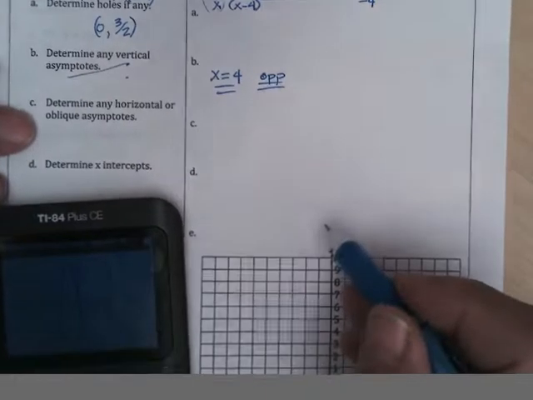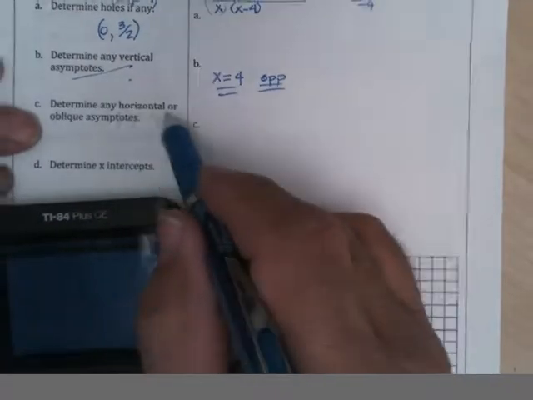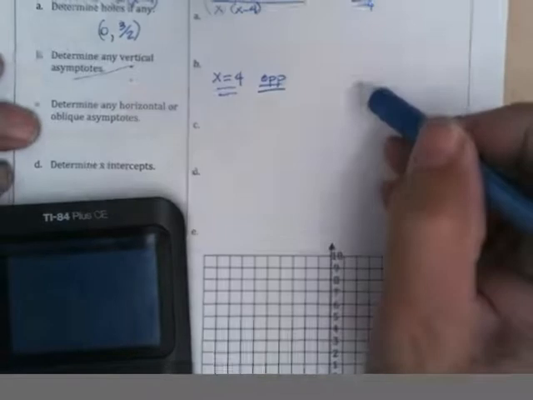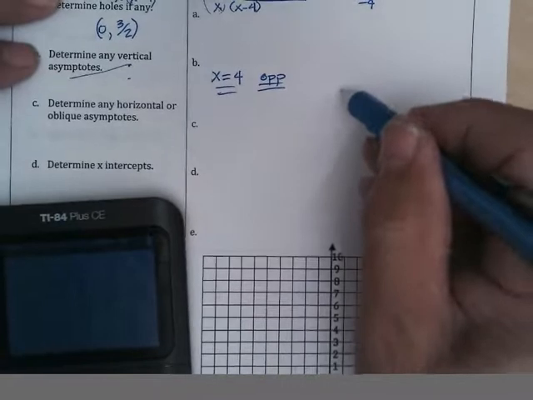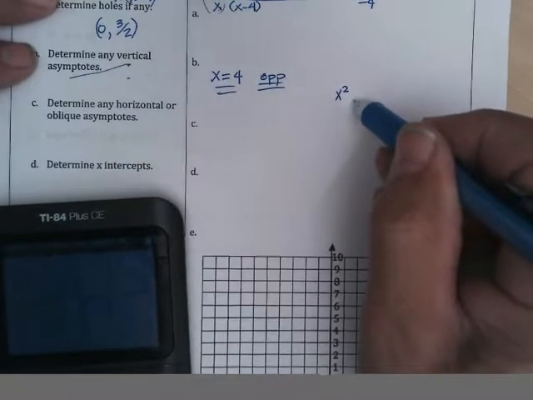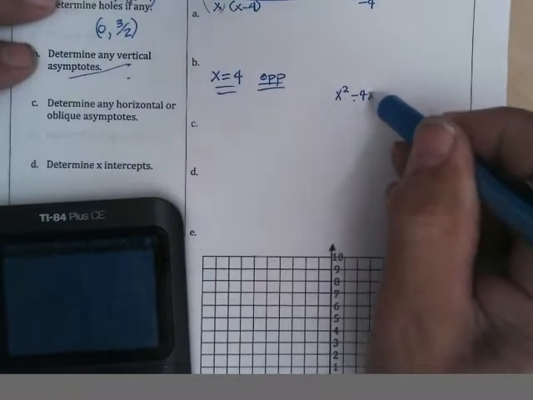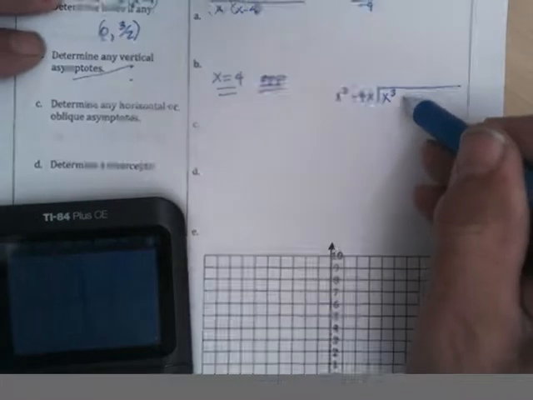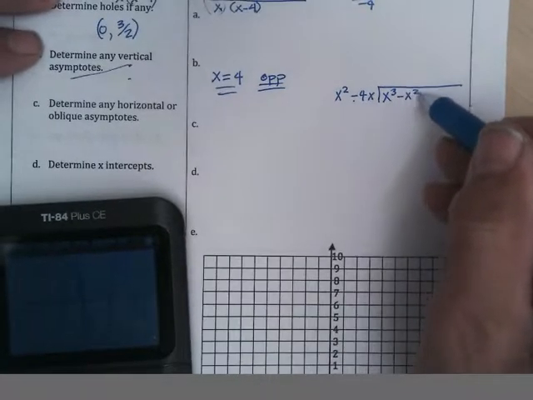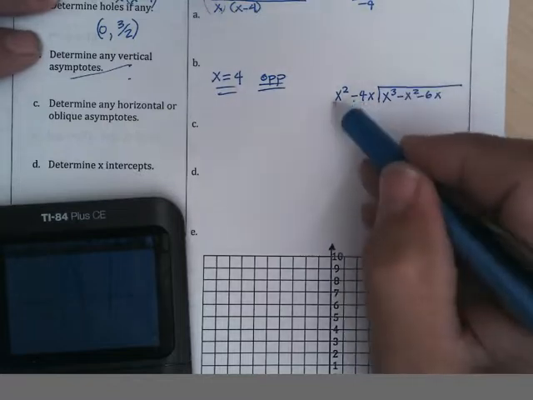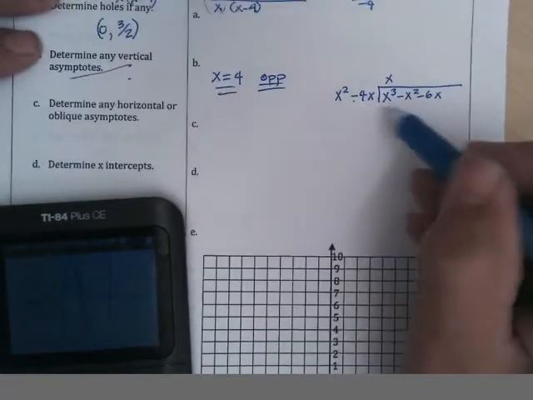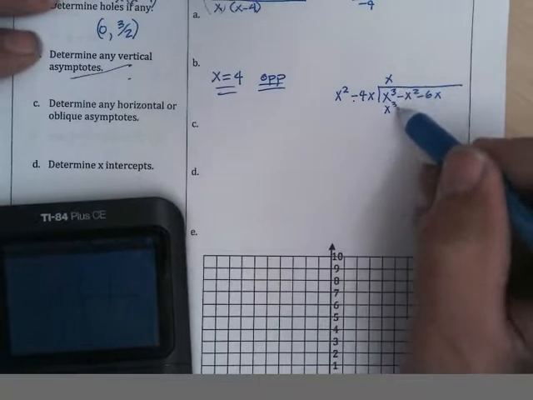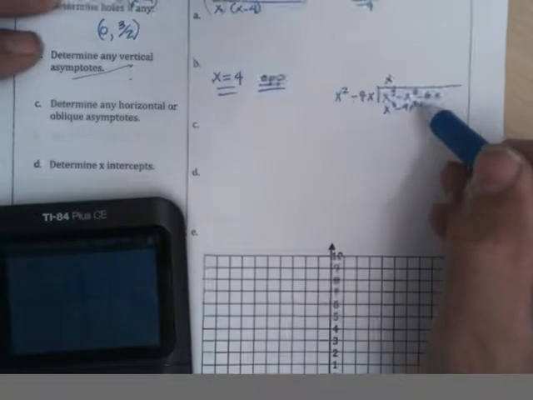Bonus points possible. Determine any horizontal asymptotes. Well, the degree of the denominator is less than the numerator, so I need to do long division. x squared minus 4x into x to the third minus x squared minus 6x. x times x squared is x to the third. x times minus 4x is minus 4x squared.